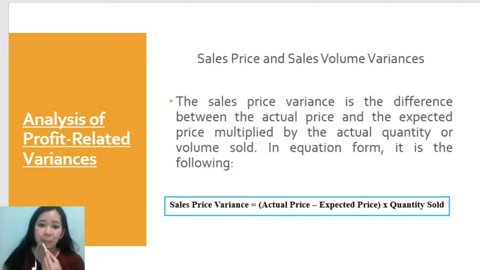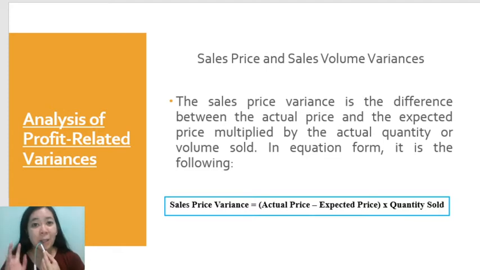So for the sales price variance, first we will focus on the price difference. This is the difference between the actual price and the expected price, and the difference will be multiplied by the actual quantity or volume sold. The equation form is as follows.